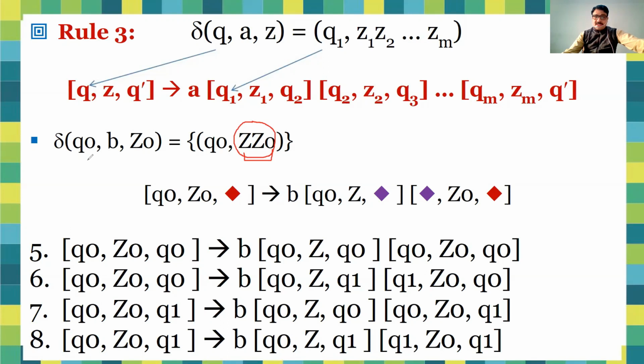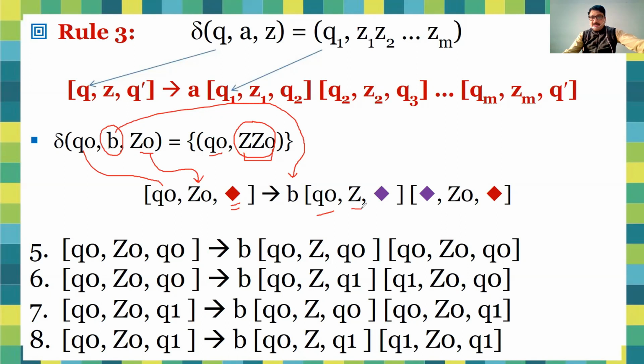Just see here, this is Q0, and the stack symbol is written in the same position. Just leave this position blank, and now this is the terminal that you are reading from the tape. So just move to this position. After this, you are moving to the Q0 state, so just write Q0 here. Now note that here you are going to push two symbols into the stack. The symbols are Z and Z0.